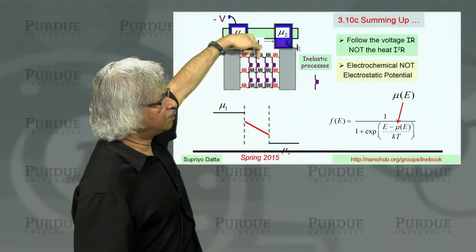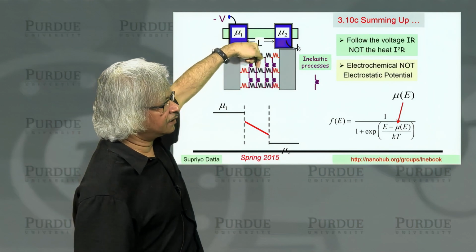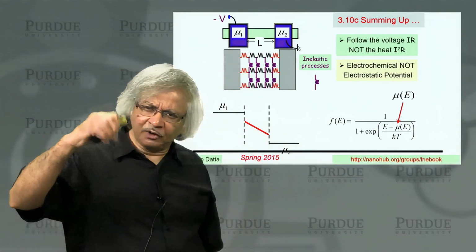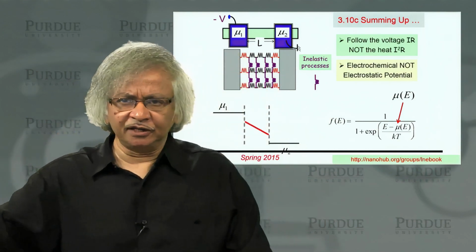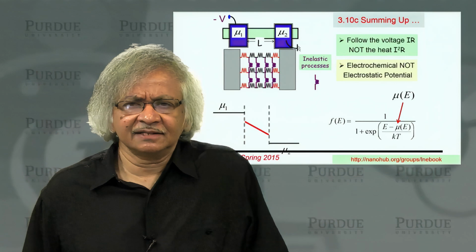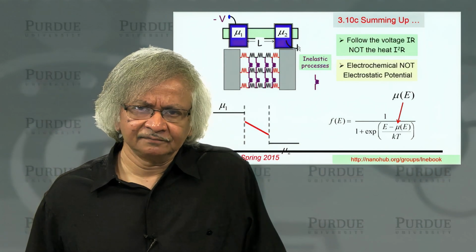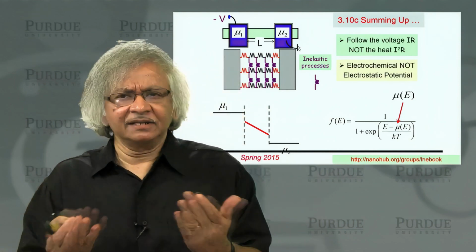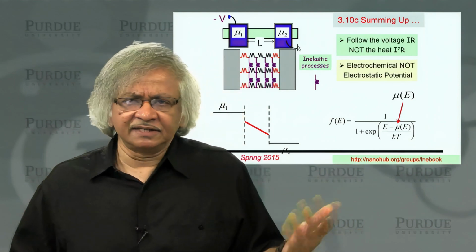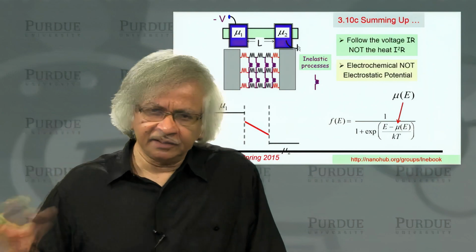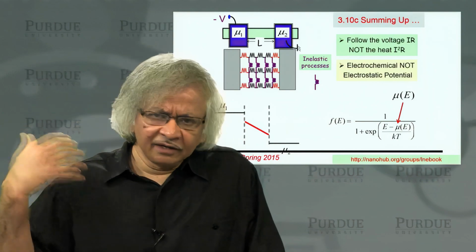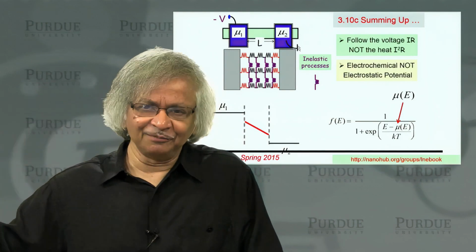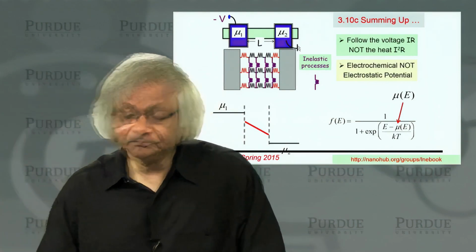And if so, putting a vertical connection between two points like this makes no difference. You're connecting two points that were already at the same potential anyway. So in that case, inelastic scattering won't make much of a difference, you see. And that is why, usually for low bias ordinary situations, neglecting inelastic scattering, this picture that we have talked about gives you the exact results that you get straight from solving the Boltzmann equation, actually.